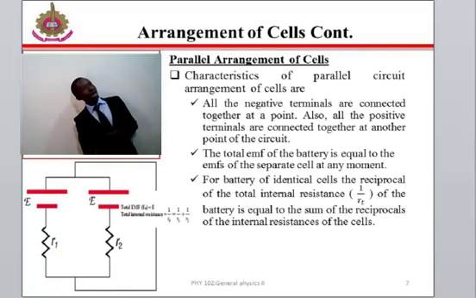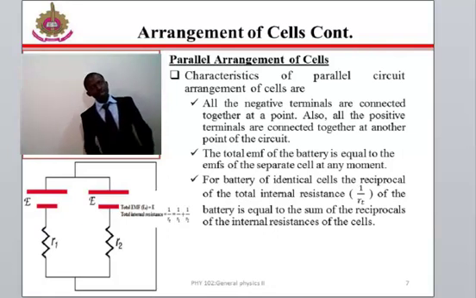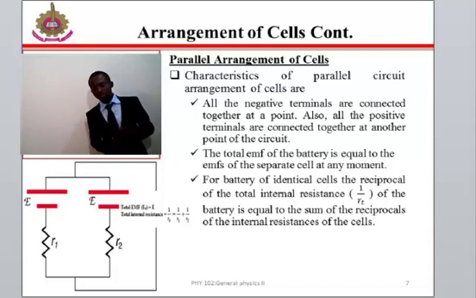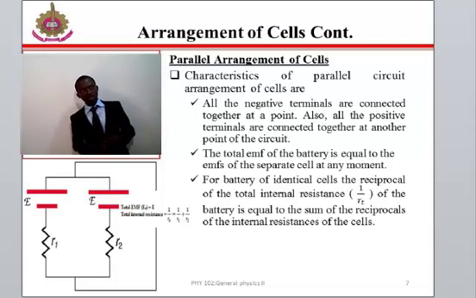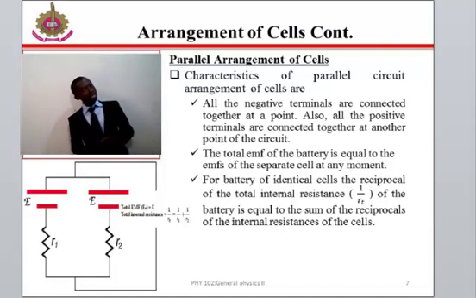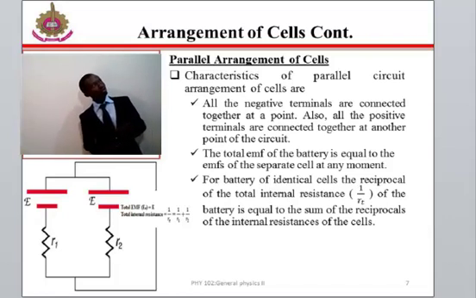Now we talk about the second arrangement of cells, which is parallel arrangement of cells. In parallel arrangement of cells, all the negative terminals are connected together at a point. Also, all the positive terminals are connected together at another point of the circuit. There are general characteristics of parallel arrangement of cells, which are: 1.